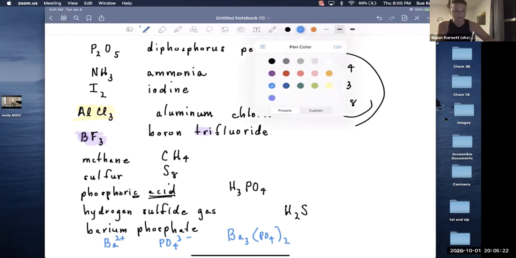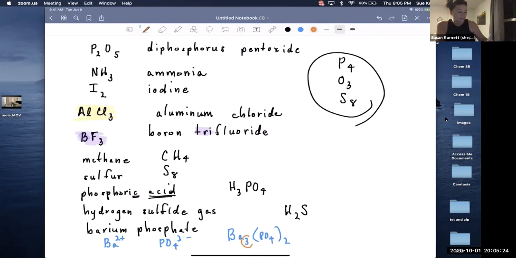One is, this 3 is saying 3 of these ions. This 2 is saying 2 of these ions. So those are the same, right? But for phosphate, PO4 3 minus, this 4 is just part of the chunk that has 3 extra electrons. So that 4 subscript doesn't break apart.